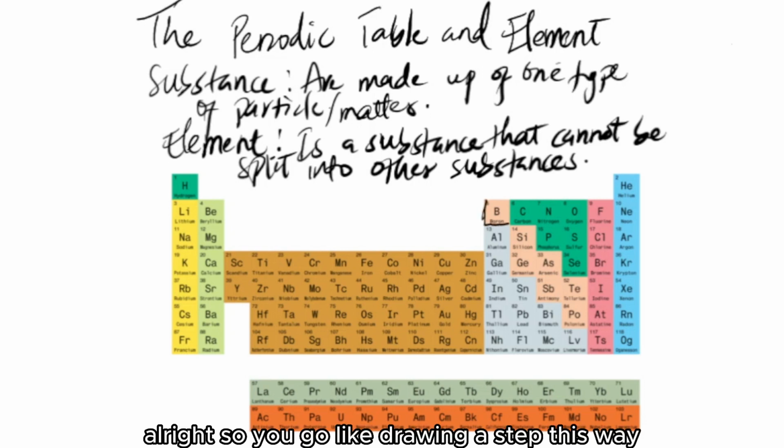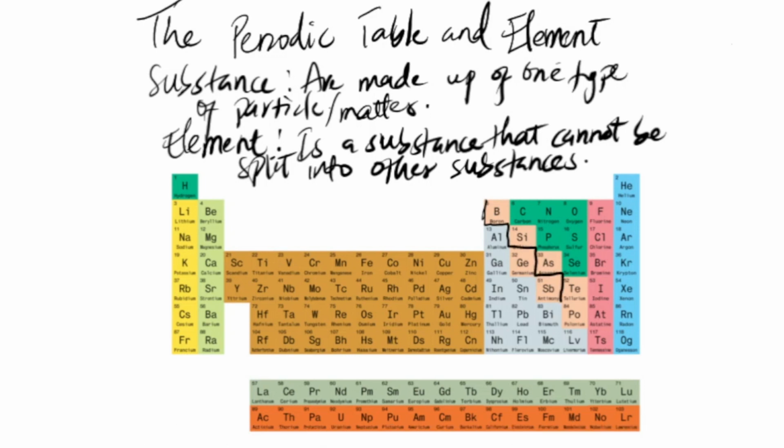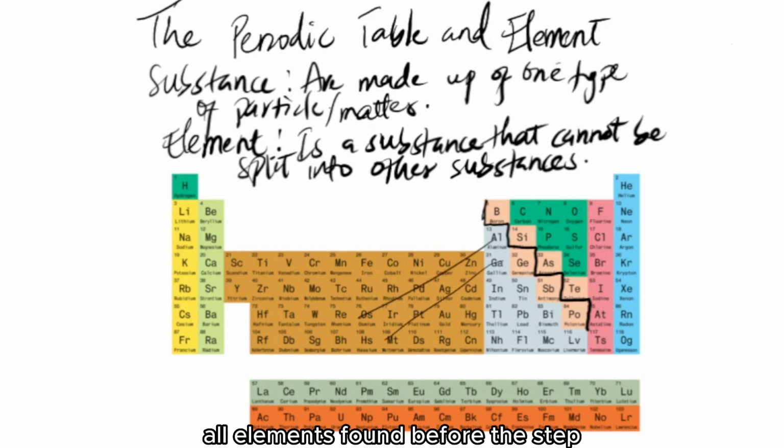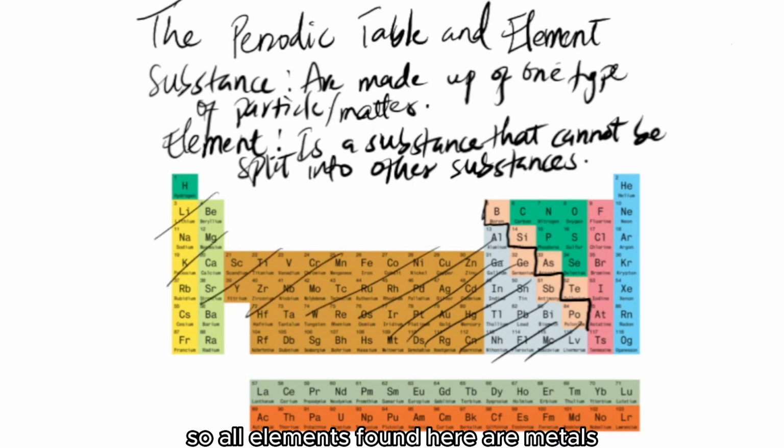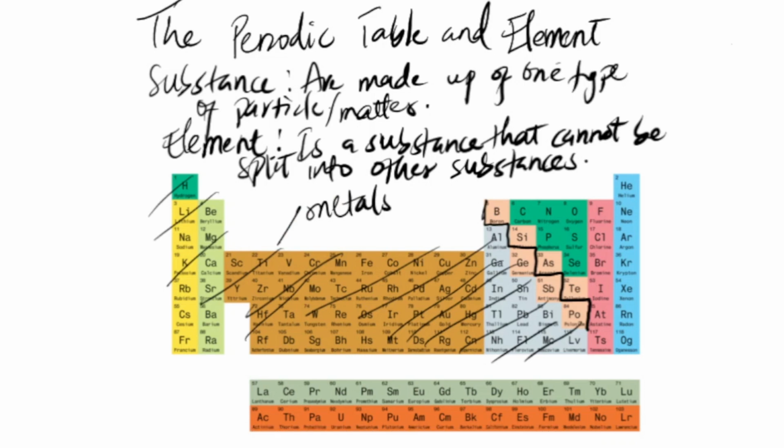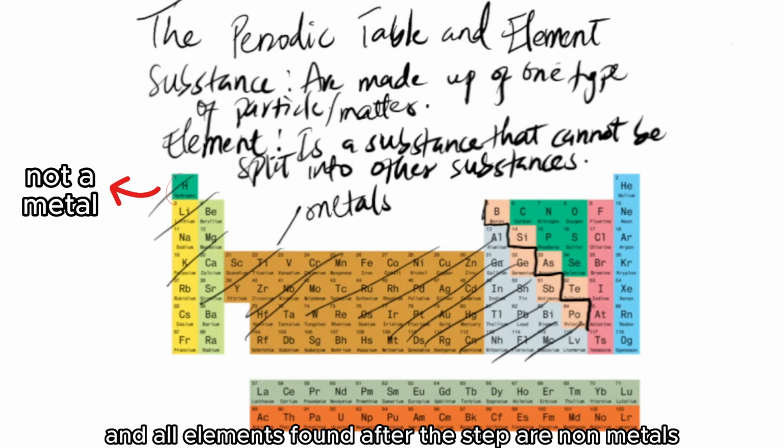So you go like drawing a step this way, and you end here. Once you draw this step, all elements found before the step, where I've drawn my black line, all elements found here are metals, and all elements found after the step are non-metals.